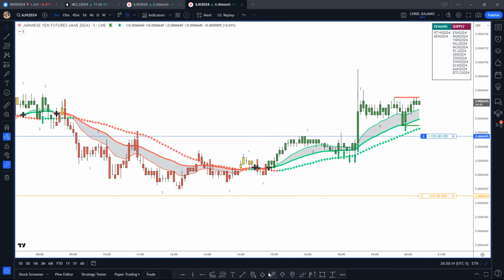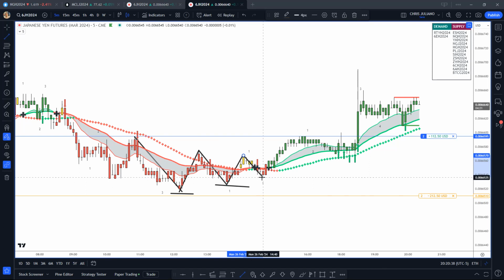So take a look. Here is the lowest point, right? From here to here, lowest point. Let's make that black. We pulled up, made a higher low, right? Here's your low. So we made a higher low and kind of just went sideways, right?